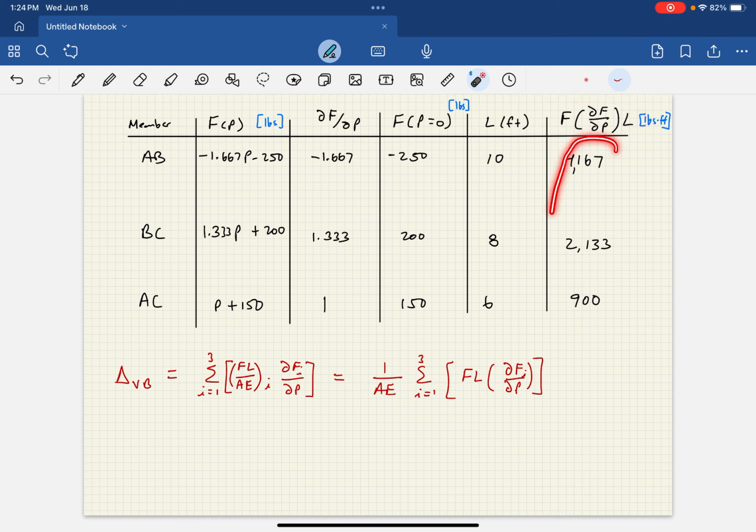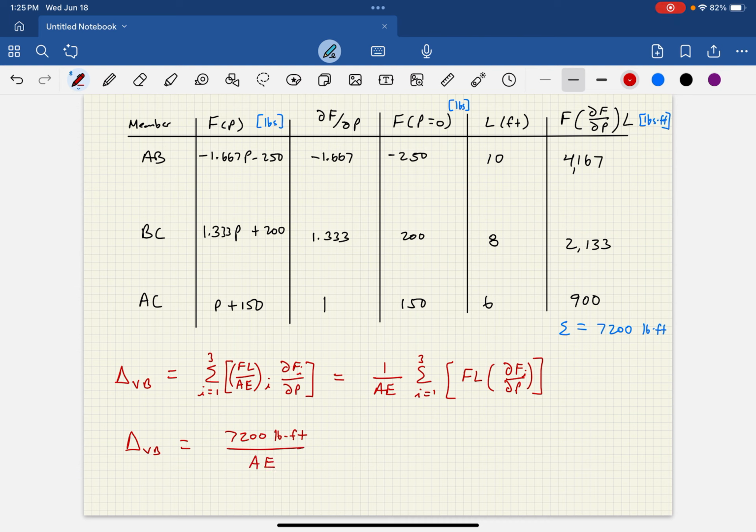So what we do is we add these three numbers together, okay? So I can put a little sum here. If I add these three together, I should get right about 7,200 pound-feet, okay? And so going back to our final version of the solution, this is going to be 7,200 pound-feet over AE.